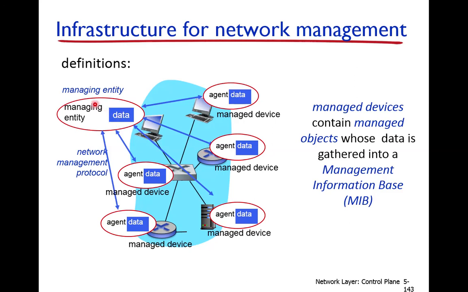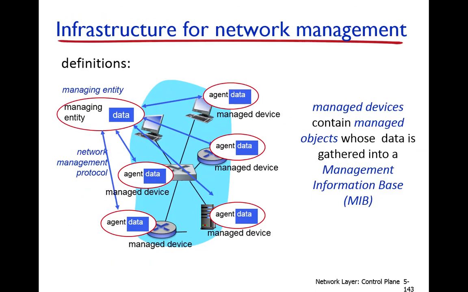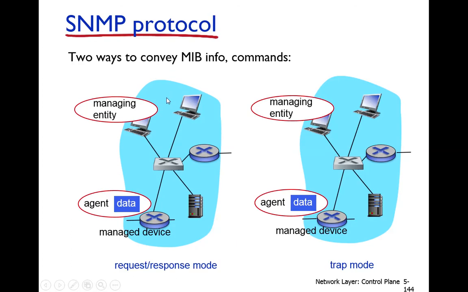The managing entity, the managing server, and the managed devices talk to each other using a protocol. For this purpose we are going to discuss a network management protocol, the SNMP protocol. SNMP is a protocol used by the managing entity and the managed devices to communicate with each other. In SNMP there are 2 ways to convey MIB information and commands.